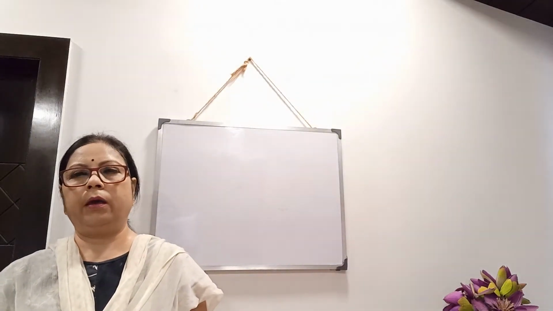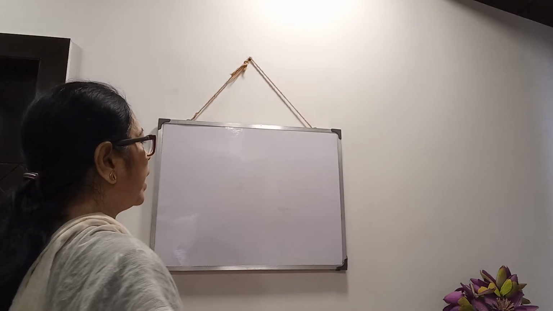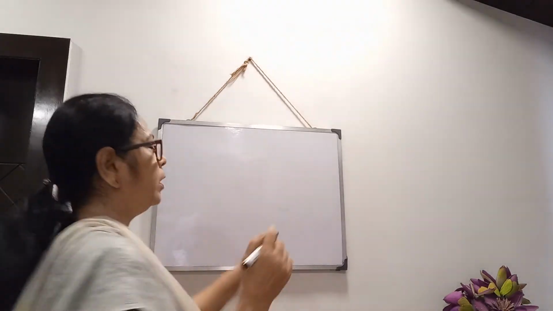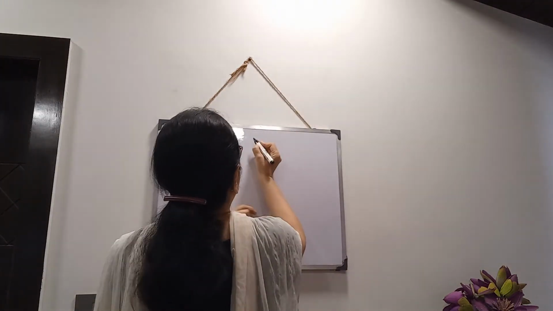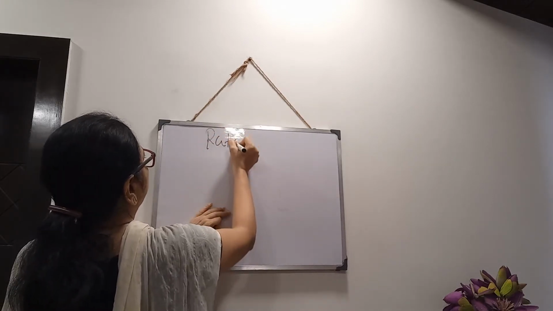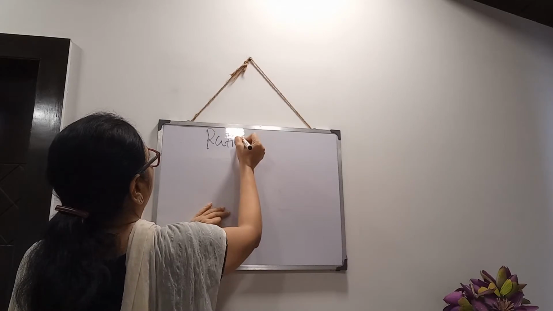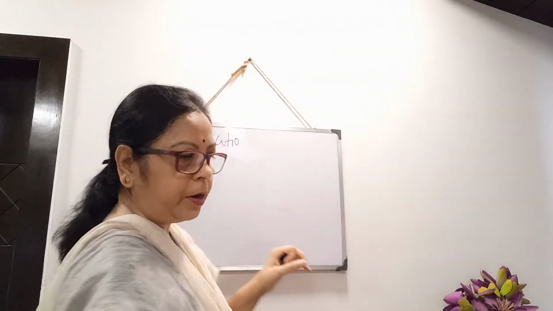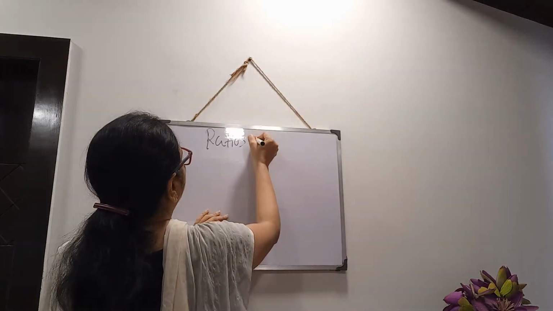Now in trigonometry, in a general way, let A and B be two complementary angles. First writing the name of the chapter, ratios of complementary angles.